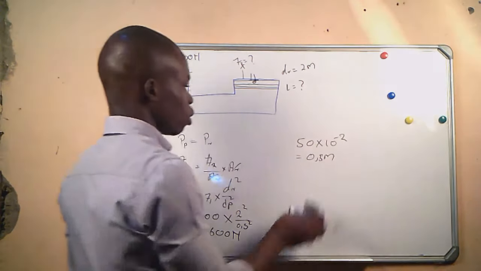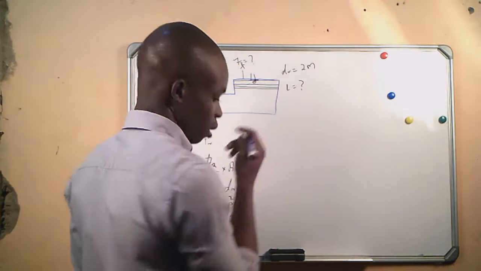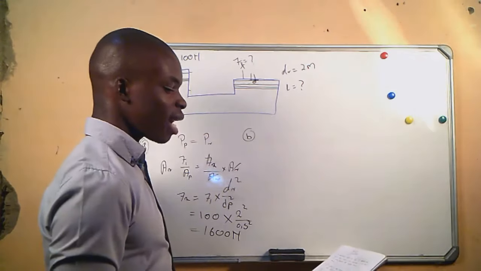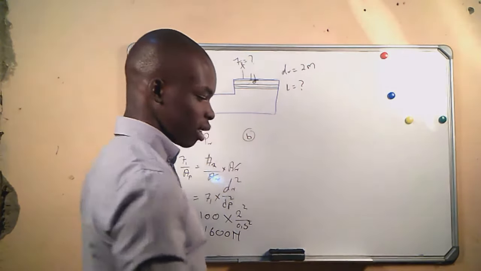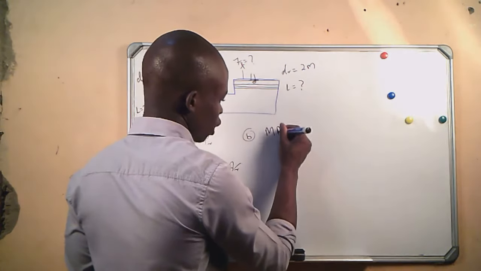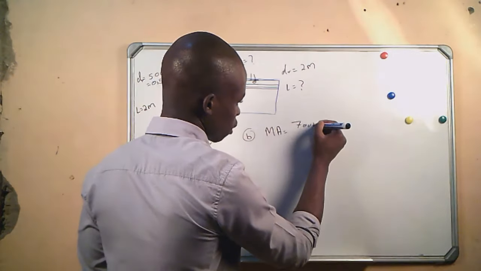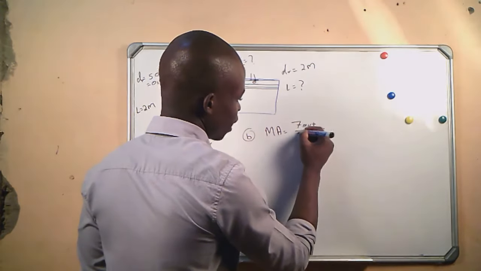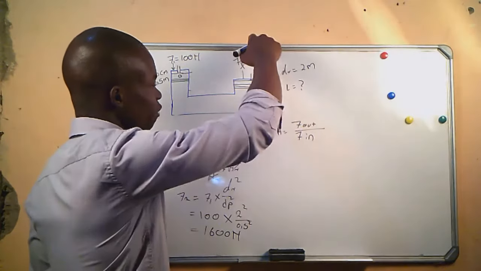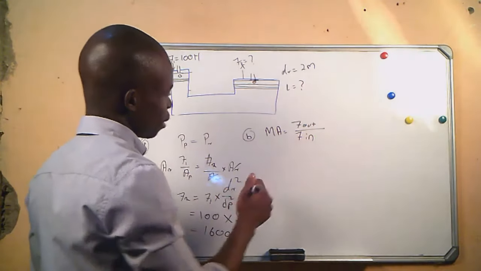We go to question number B. They say, what is the mechanical advantage of this hydraulic lift? Mechanical advantage is given by the force output divided by the force input, where the force output will be F2 and the force input will be F1.